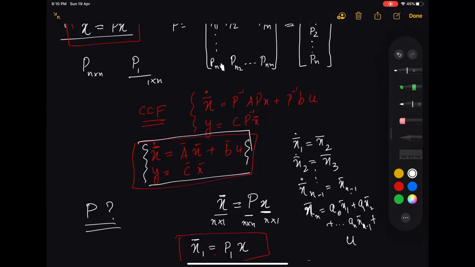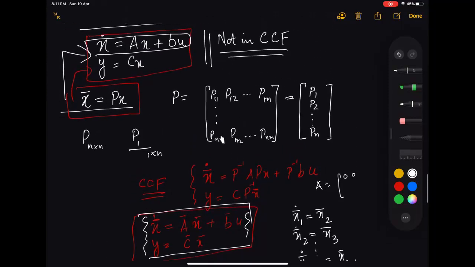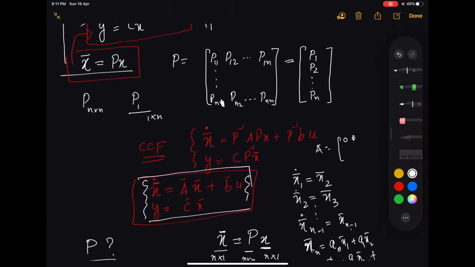This is because of the A matrix that we have, right? The A matrix for controllable canonical form in this case is going to be 0 1 0 0, then 0 0 1, and so on, and in the end you have minus a0, minus a1, and minus an minus 1.